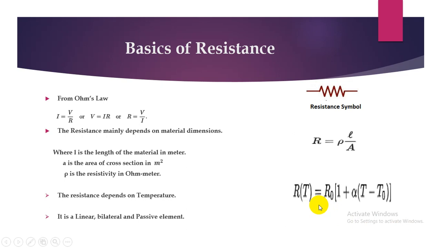So this is the equation related to the temperature variations and resistance. R_t is equal to R_0 times 1 plus alpha times (t minus t_0), where R_t is the resistance at temperature t, R_0 is the initial resistance value at temperature t_0, and as I said, alpha is the temperature coefficient. t and t_0 are the different temperature points.